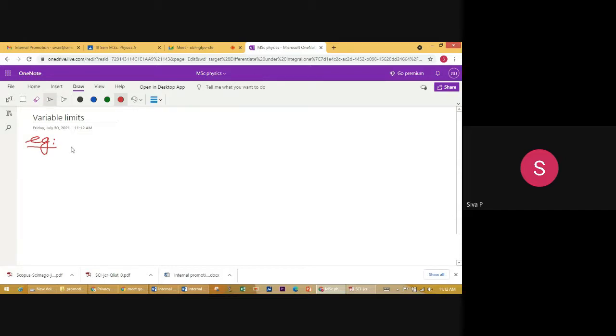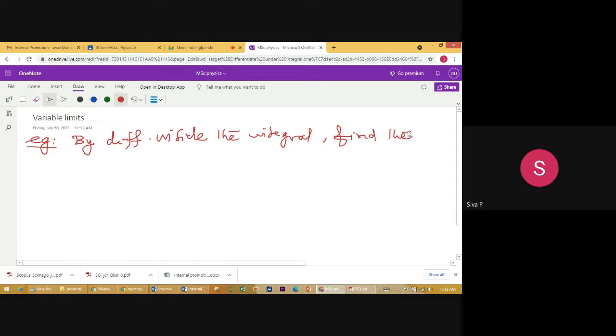By differentiating inside the integral, find the value of the integral over 0 to x of log(1 plus xy) divided by (1 plus y square) dy.